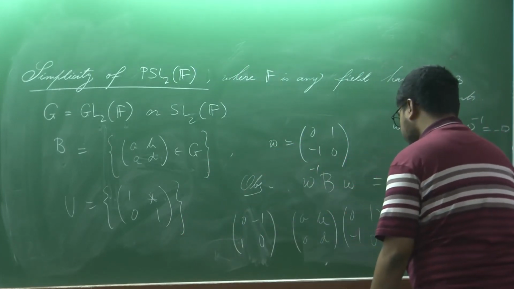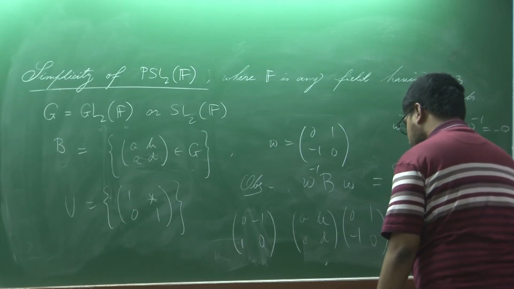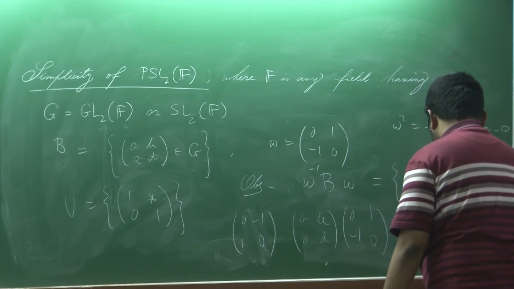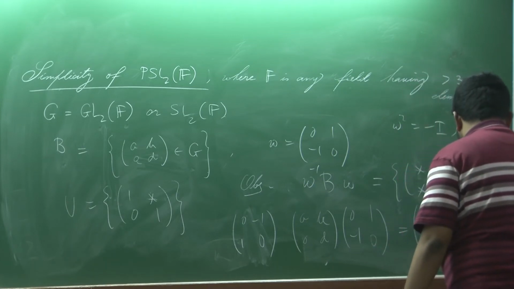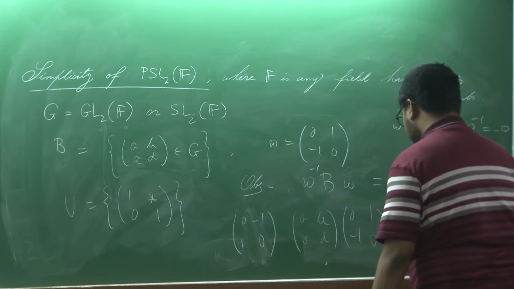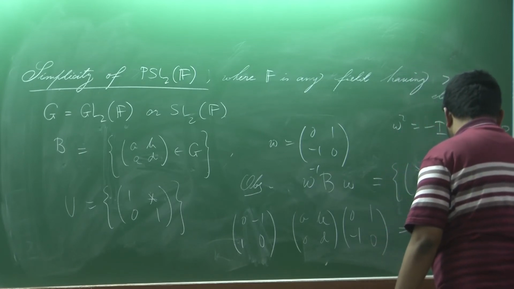So first it will be simply (A 0; -B -D).